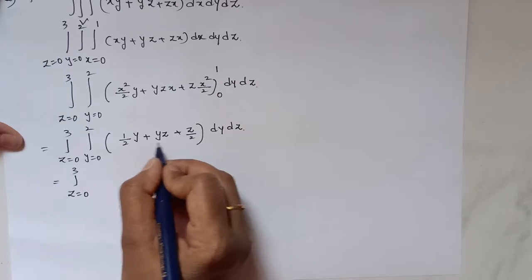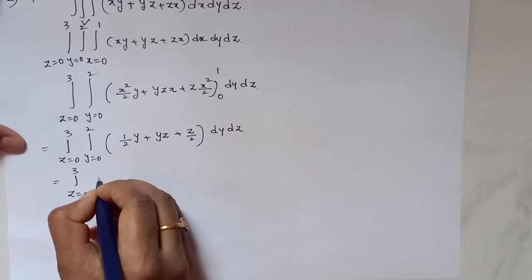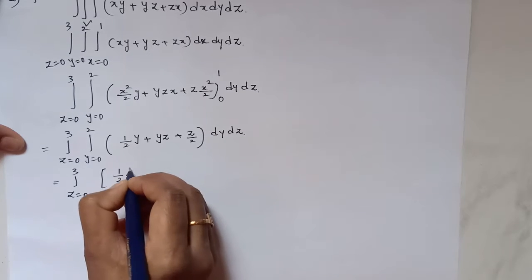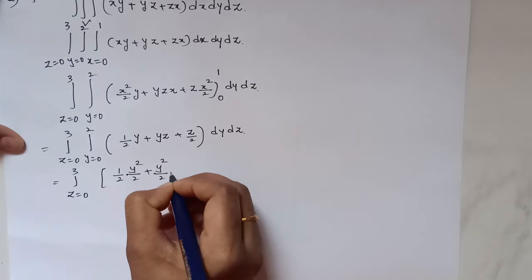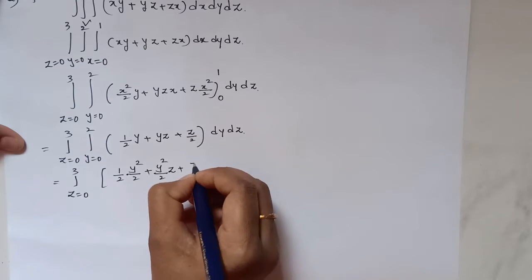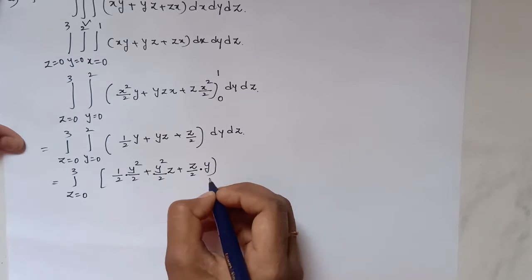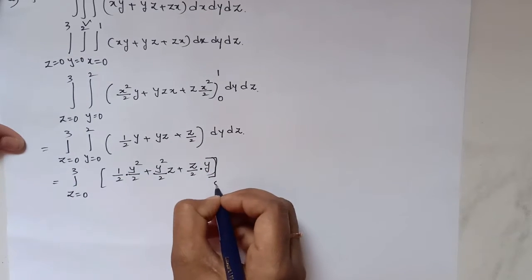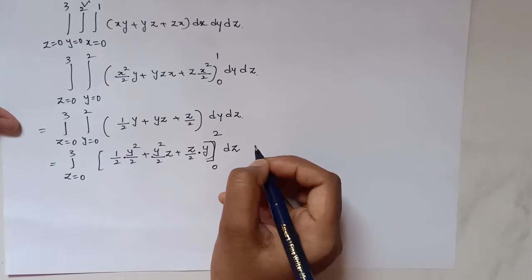Now you have to integrate with respect to y. So 1 by 2 into y integrates to y squared by 2, plus y squared by 2 into z, plus z by 2 into y. This is the integration with respect to y. Limits for y are 0 to 2, dz.